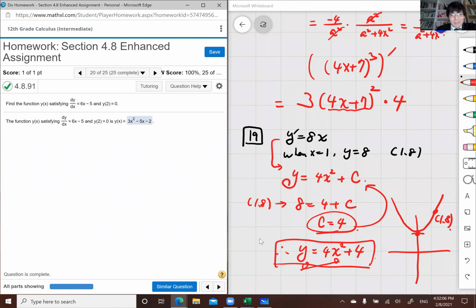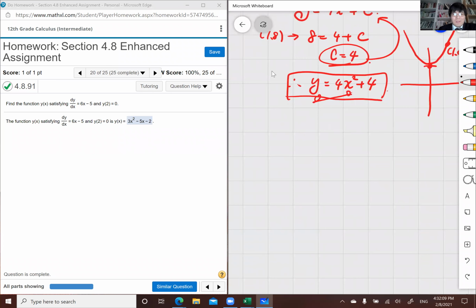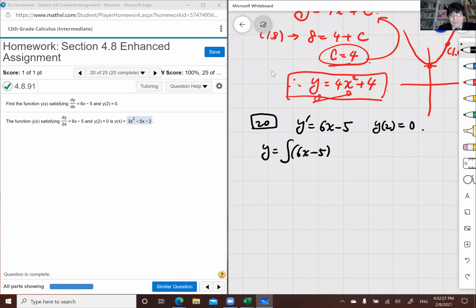Okay, another initial value problem. No graphs. So number 20. y dash is equal to 6x minus 5, with the initial condition that when x is equal to 2, y is equal to 0. So y is equal to the integral of 6x minus 5, which will be 3x squared minus 5x plus c.